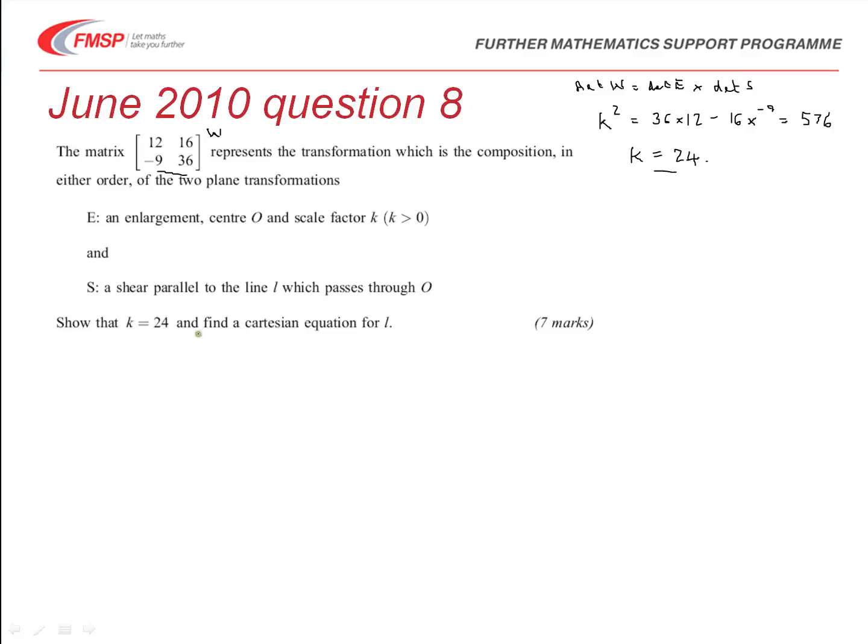And then we've got to find the Cartesian equation of the invariant line for the shear. Well, firstly we need the shear matrix.